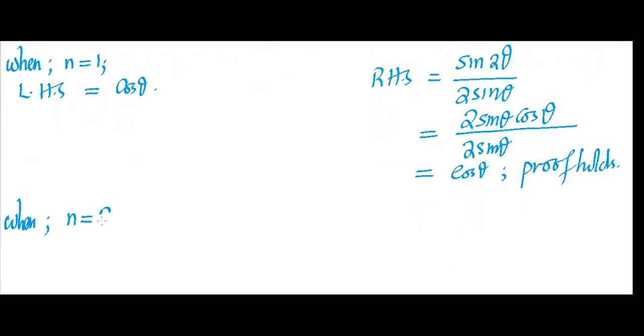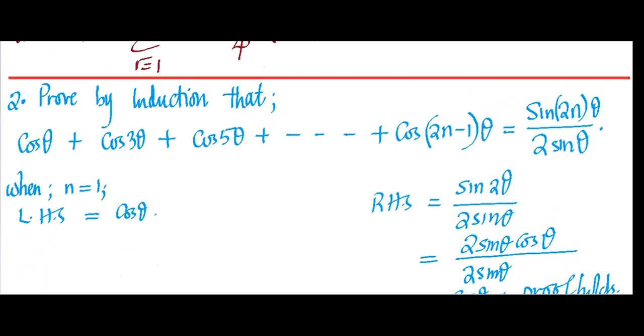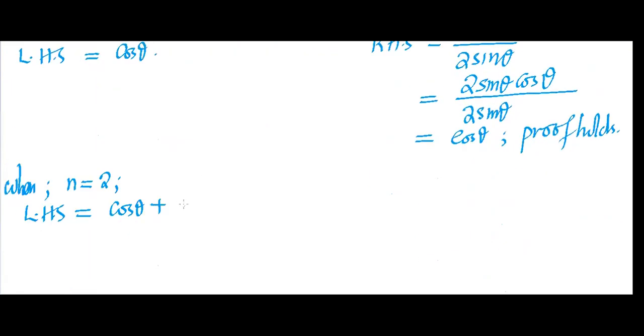When n is 2, the left-hand side suggests cos theta plus, we add it up to the second term, that is cos 3 theta. And this being a summation, I can interchange to have the bigger angle first.